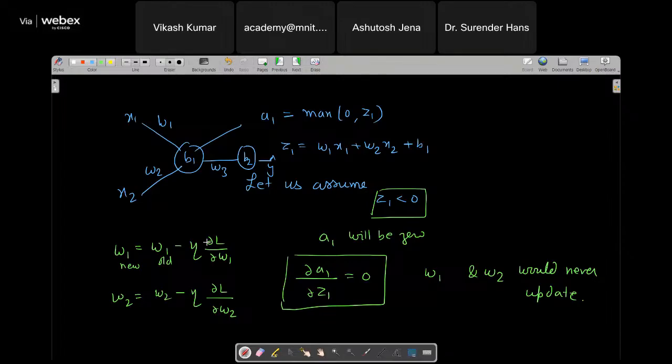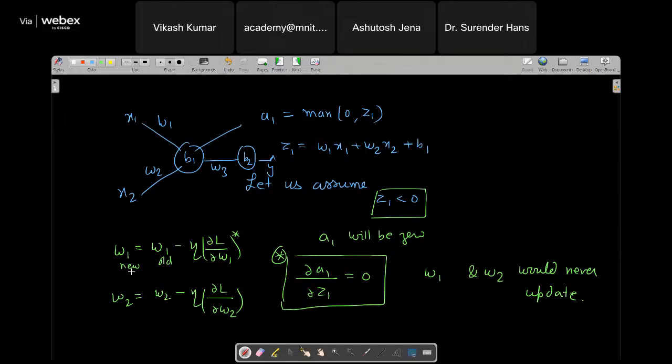Okay, so when we calculate this dou L by dou W1 and dou L by dou W2, in this ongoing process we use this one, dou A1 by dou Z1. So if this dou A1 by dou Z1 is equal to 0, then this dou L by dou W1 and this dou L by dou W2 are 0.